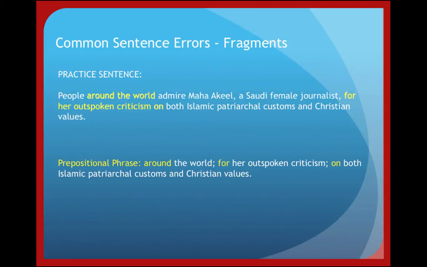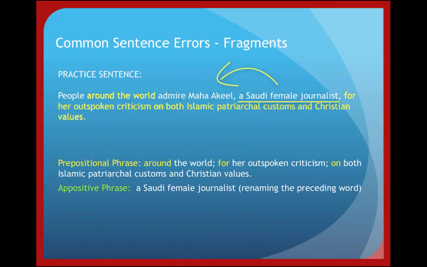The phrase on both Islamic patriarchal customs and Christian values modifies the word criticism. Finally, the phrase a Saudi female journalist is renaming Maha Akil, so it classifies as an appositive phrase.